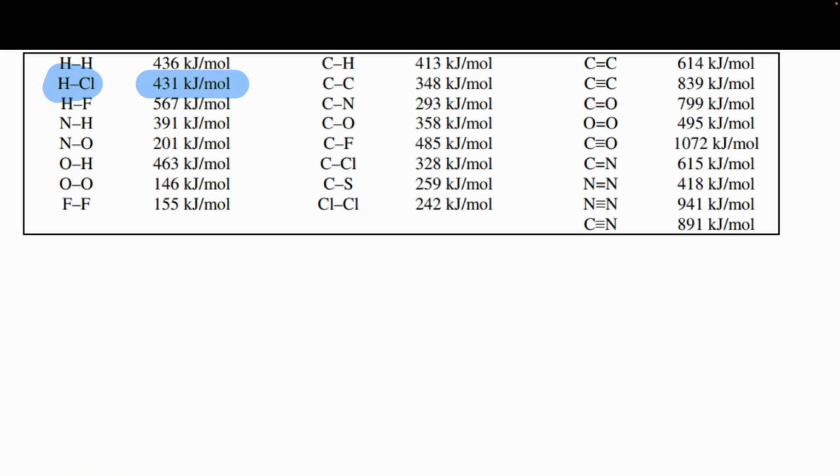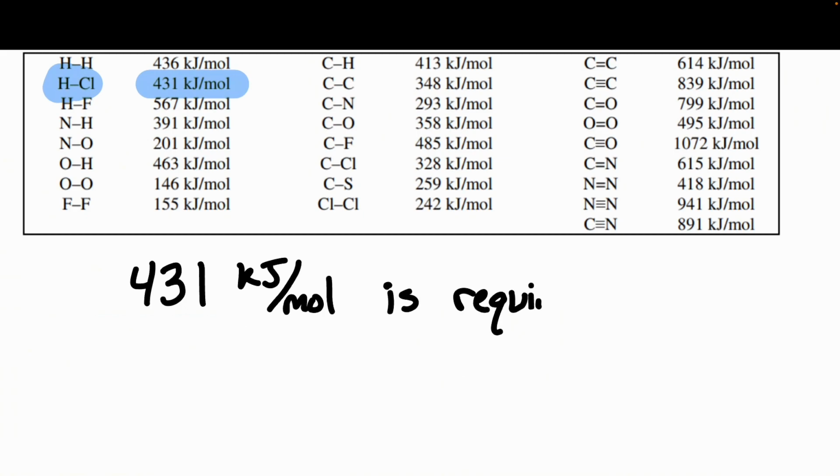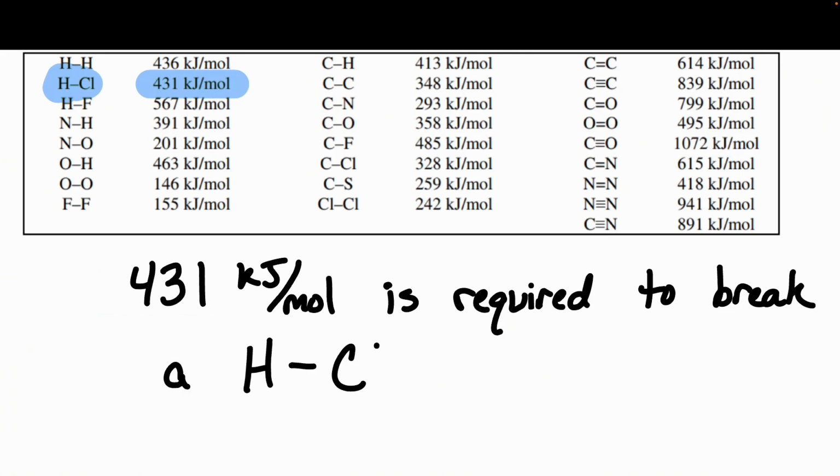That's how much energy you have to put in to break a hydrogen-chlorine bond. So what this table is telling me is that 431 kilojoules per mole is required to break an HCl bond.